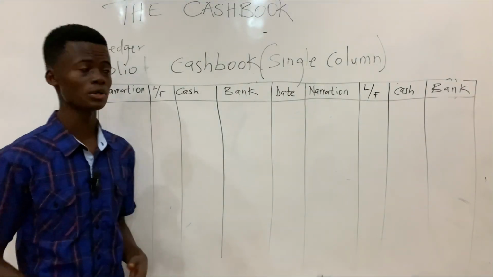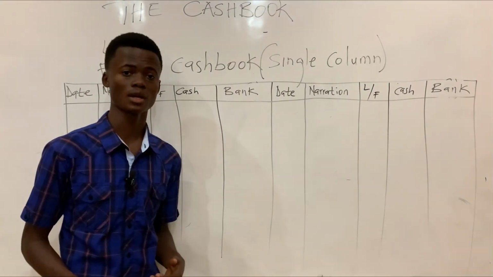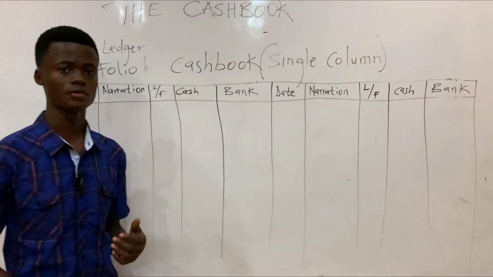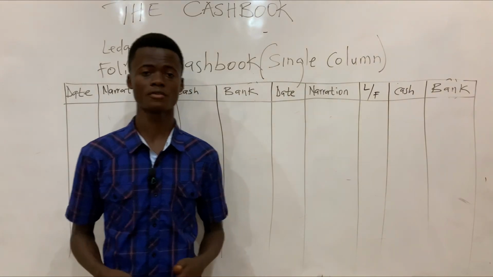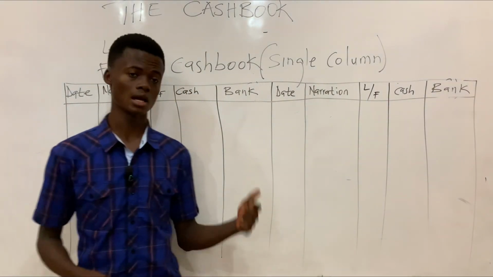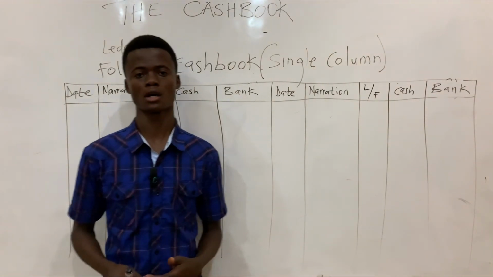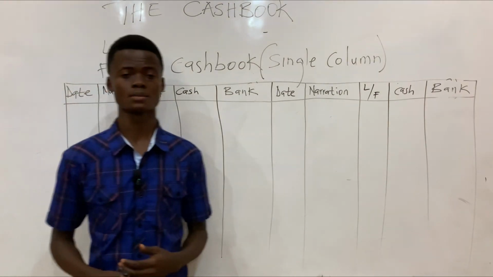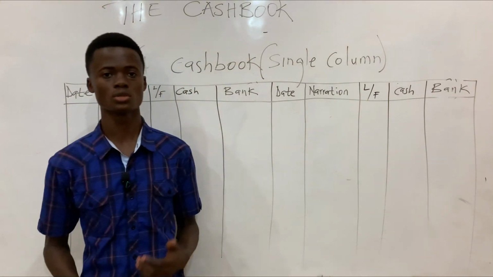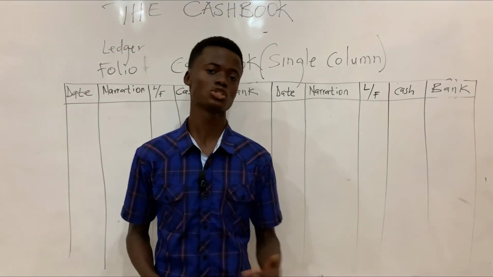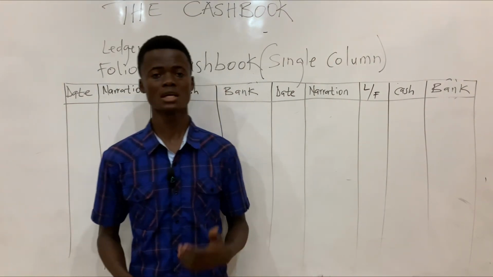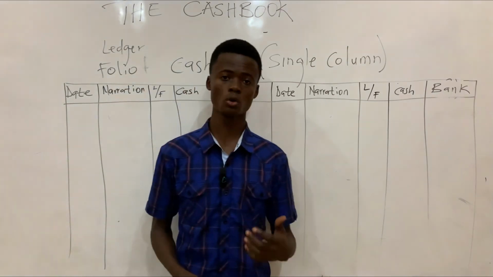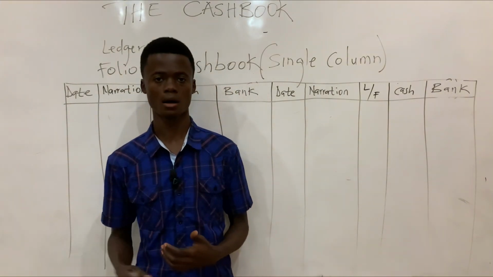Some key things that will be used in the double column cash book is a contra entry, or contra entries. A contra entry is said to happen when a transaction affects both the cash column and the bank column of the cash book. We said earlier on that every single transaction should affect two accounts. One should be debited and the other one should be credited. So let's assume a transaction which involves both the cash and the bank accounts.